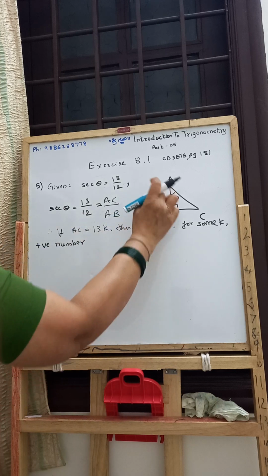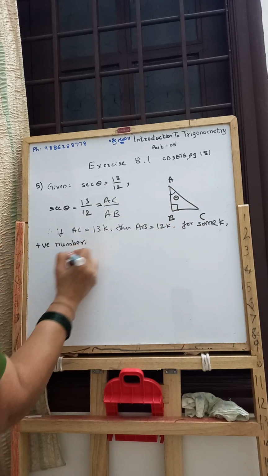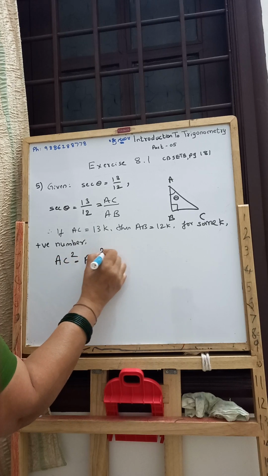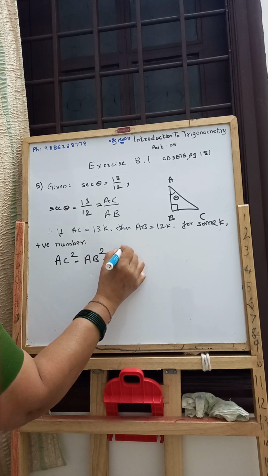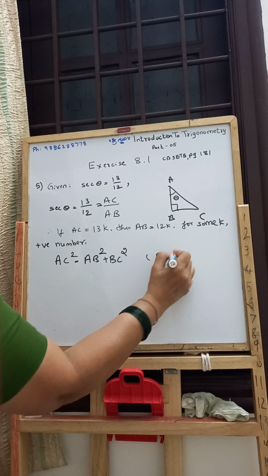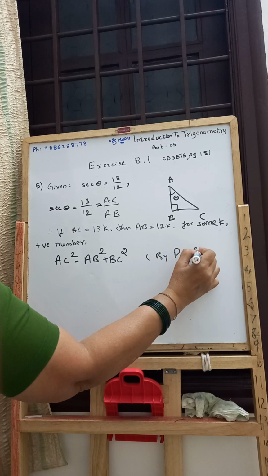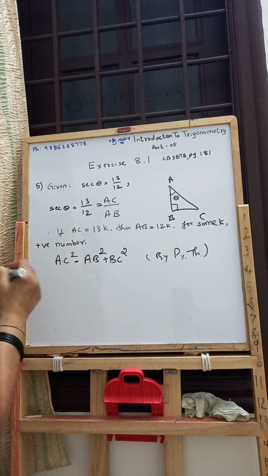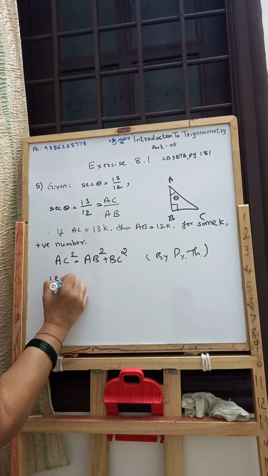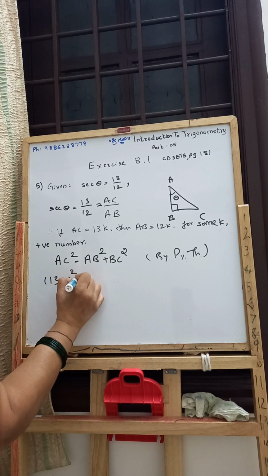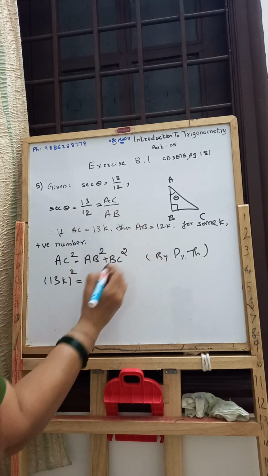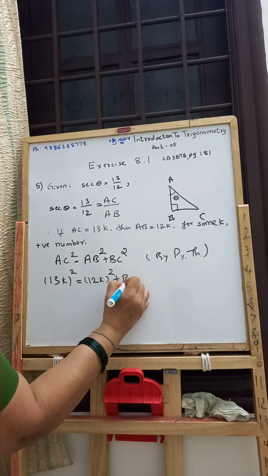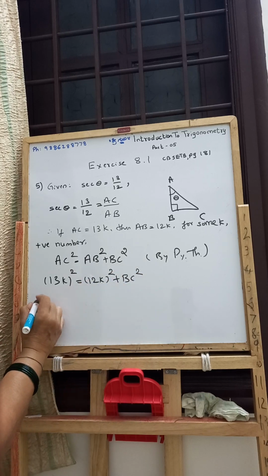In right triangle ABC, right angle at B, we have AC square is equal to AB square plus BC square by Pythagoras theorem. That is 13K bracket square is equal to AB is 12K bracket square plus BC square.